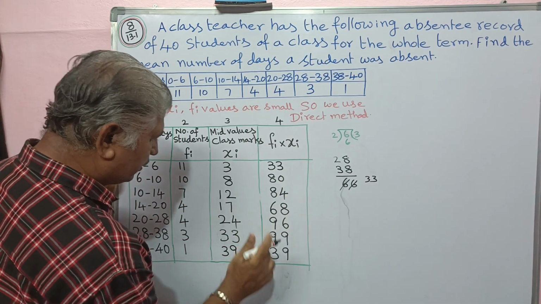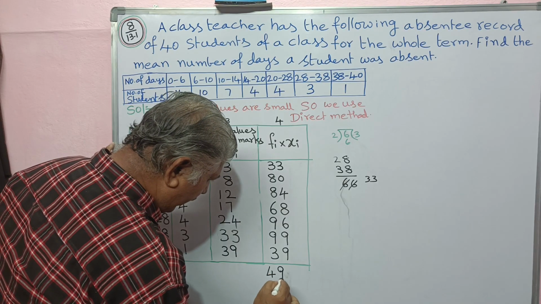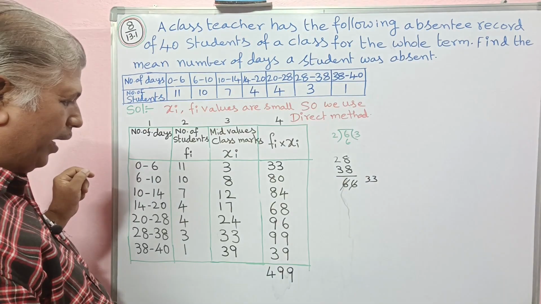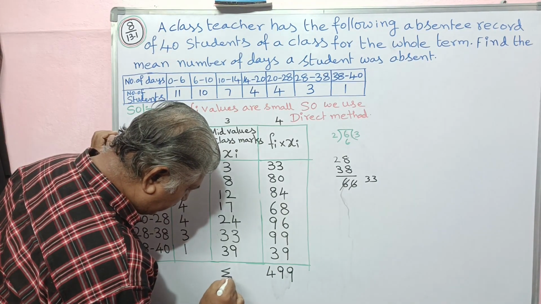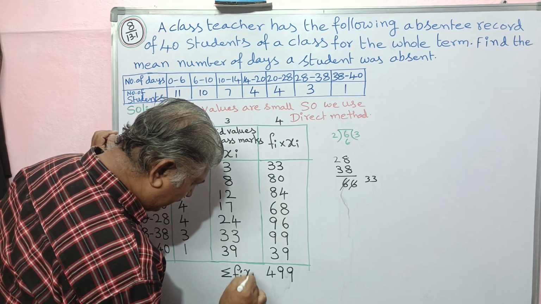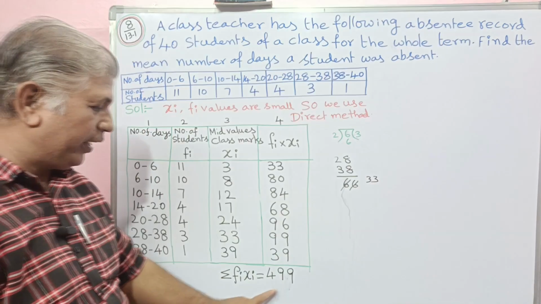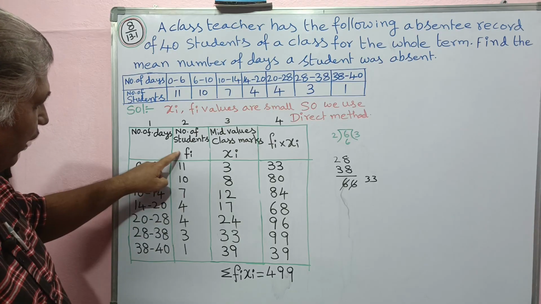By adding these 7 values, we will get 499. This 499 is called sigma fi xi. So sigma fi xi is equal to 499. What is the total of the fi values?